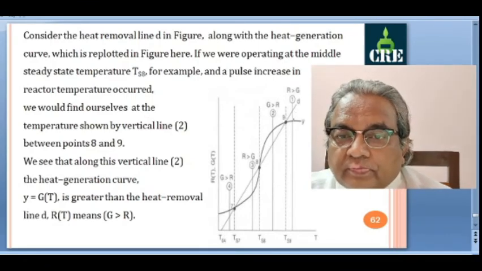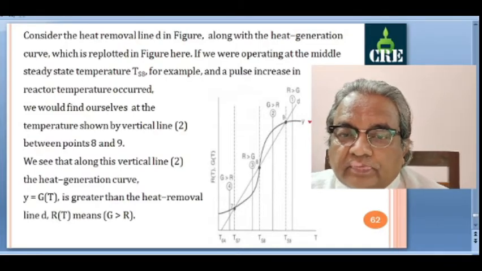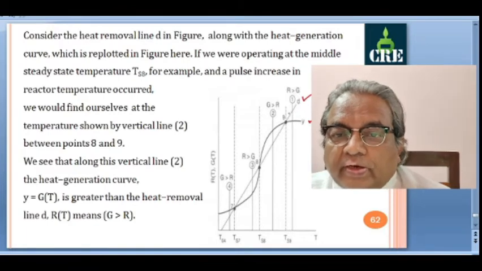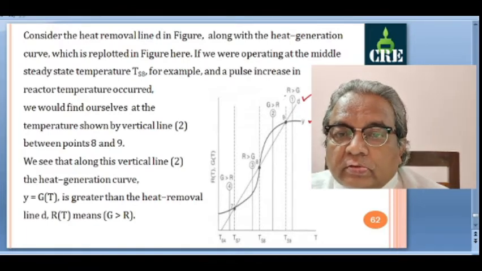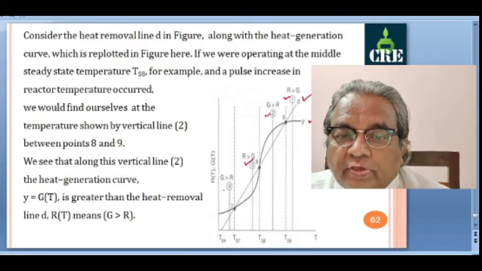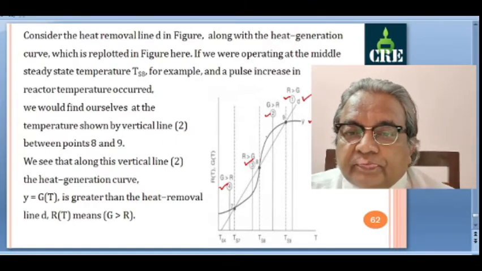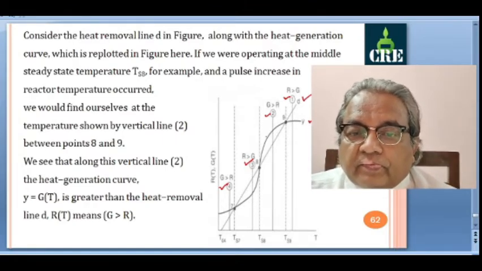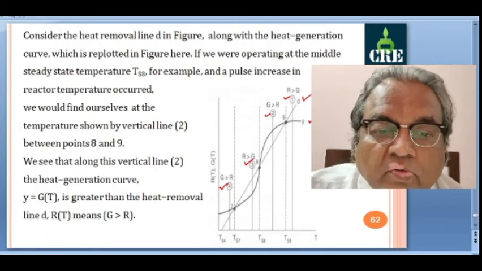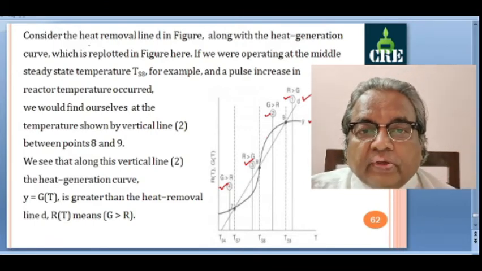So here, Y is our generation term, D is removal term, and here you can see sections 1, 2, 3 and 4, different sections, this straight line has been drawn, and we'll discuss what is happening here.